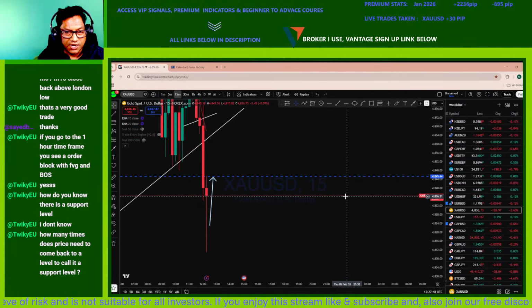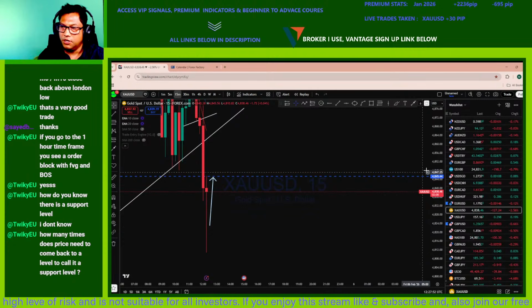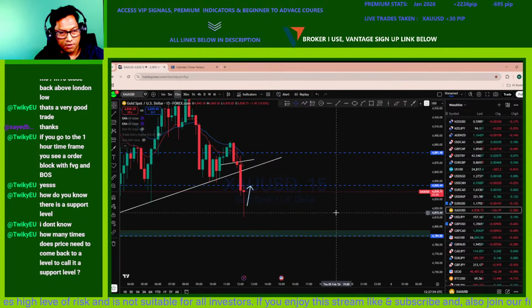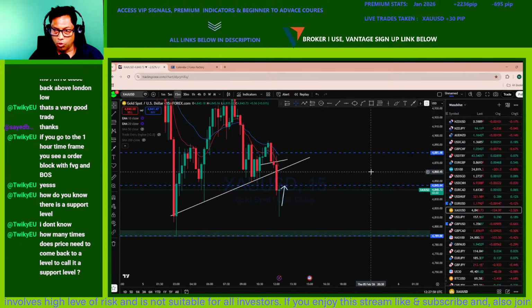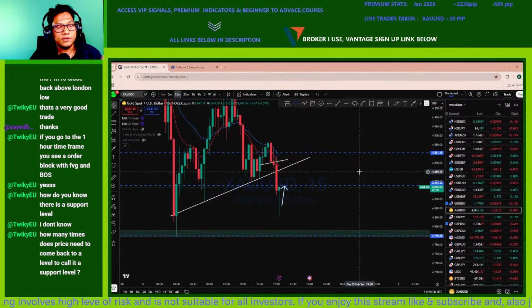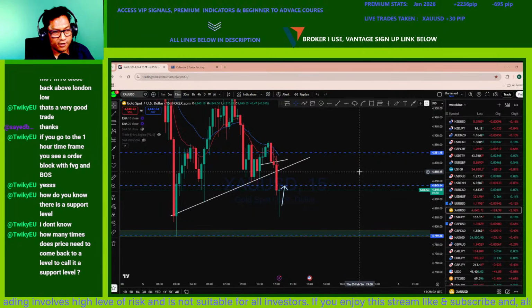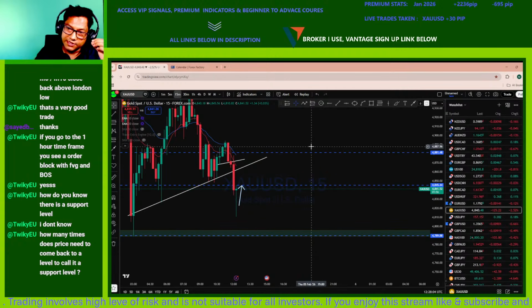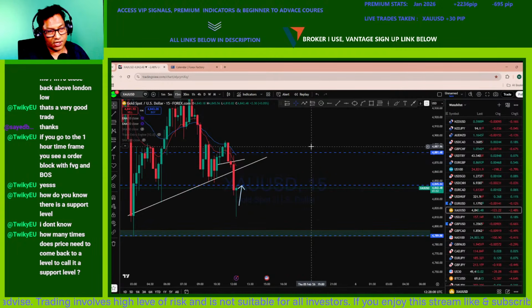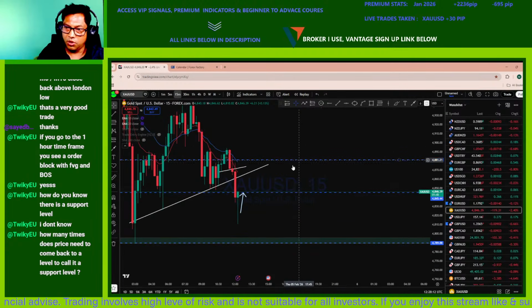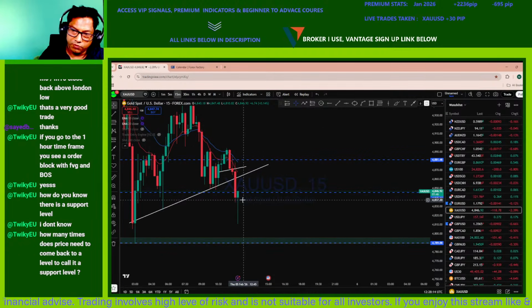How many times does price need to come back to a level to call it a support level? So this is what we're discussing: the support is not there, support is where there is a false breakout. What do I mean by this? Let's understand this from this concept here.